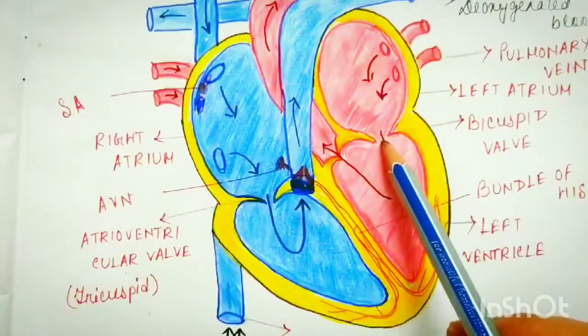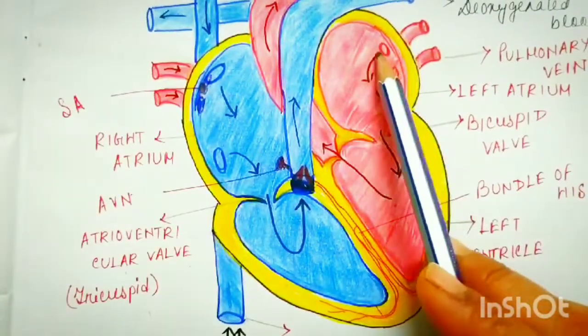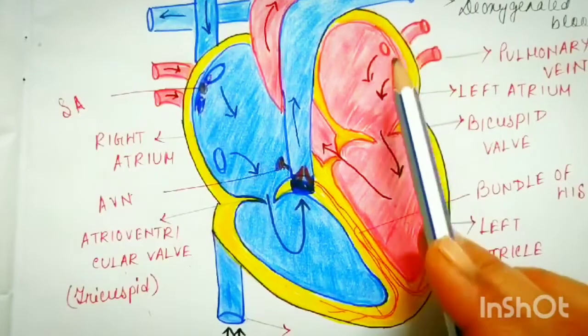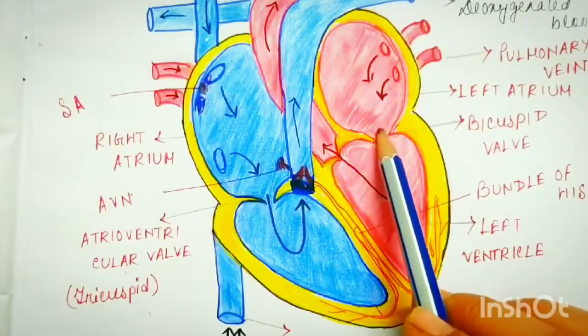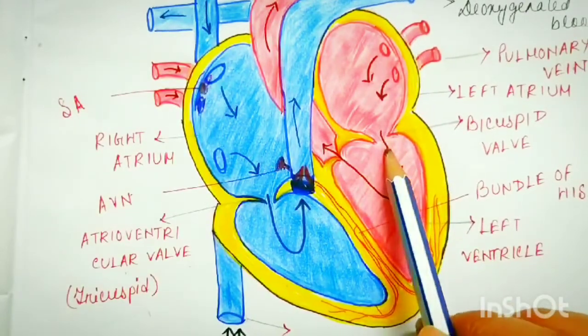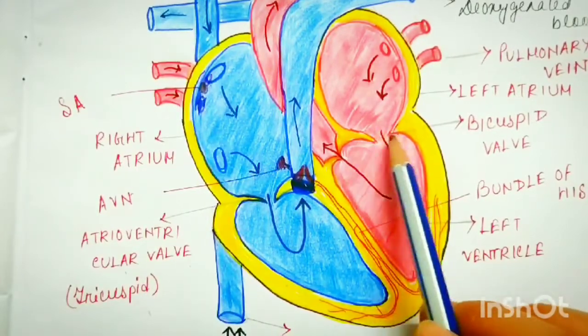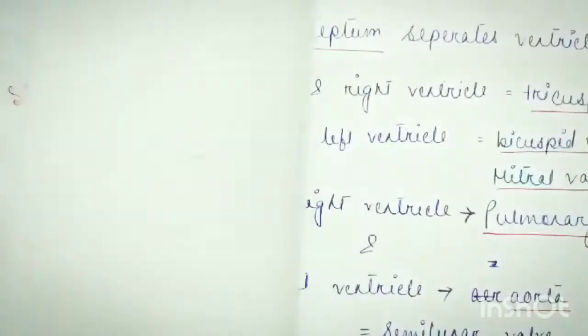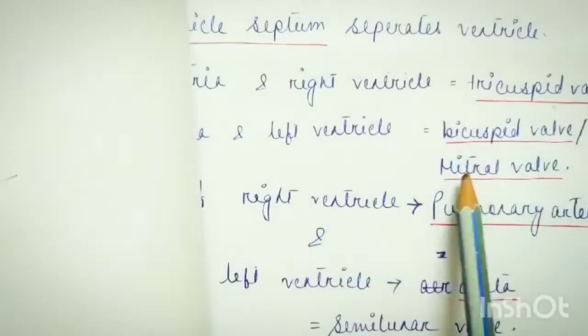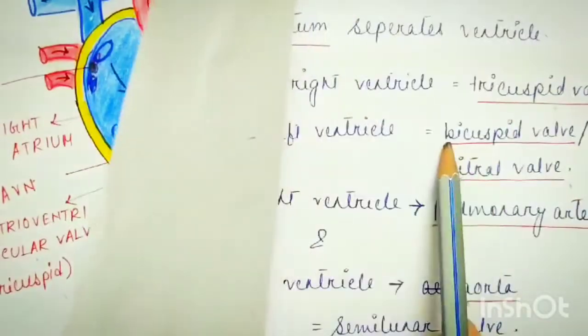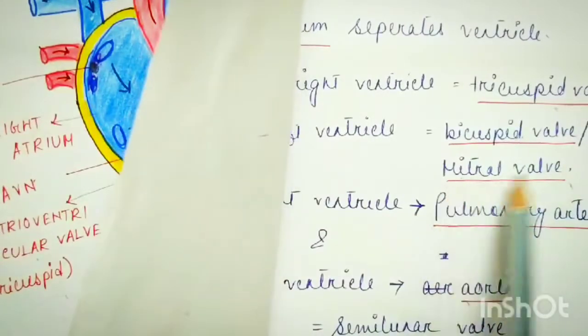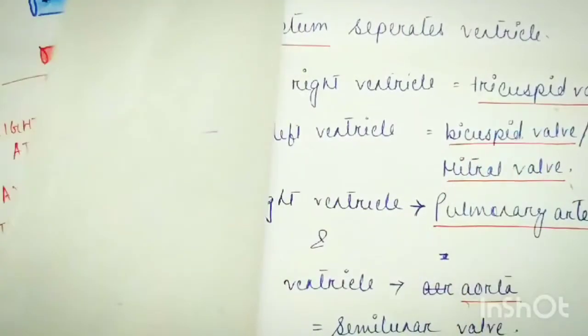There is also one valve or opening, from the left atrium blood comes to the left ventricle through a valve known as bicuspid, means here only two cup-shaped structures are there, that's why it is called bicuspid, or another name is the mitral valve. So you have to remember bicuspid or mitral, don't get confused, any term may come in your question paper.